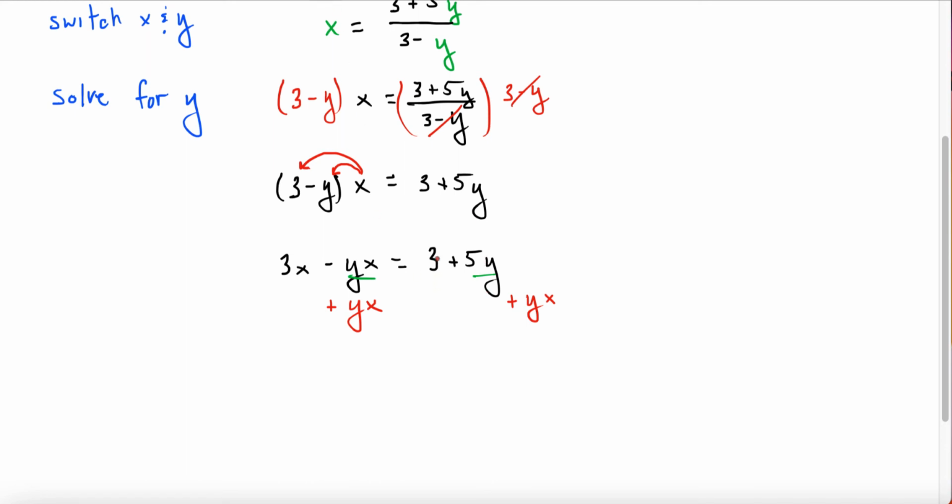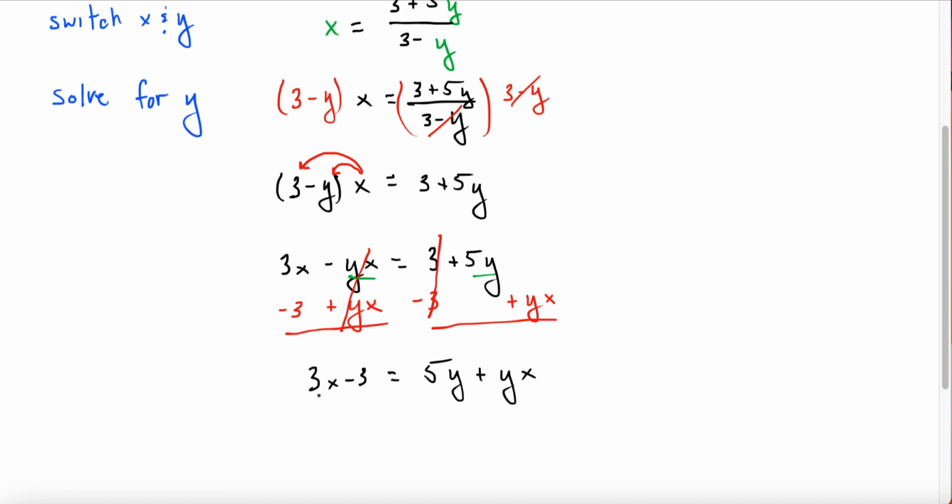And I'm going to move this 3 over here, so I'm going to subtract 3 from both sides. And so what I end up with, you can see my yx terms are going to go away. My 3 is going to go away from that side, and I'm left with 3x minus 3 equal to 5y plus yx.